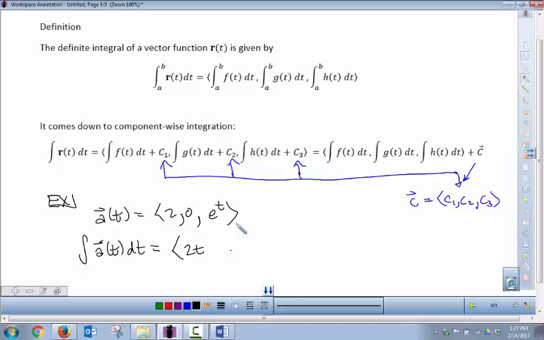Plus c vector? All right, so remember that there's something in here that we will eventually add on. So that's the antiderivative of 0. That's just a constant, right? So the constant's already sitting here.